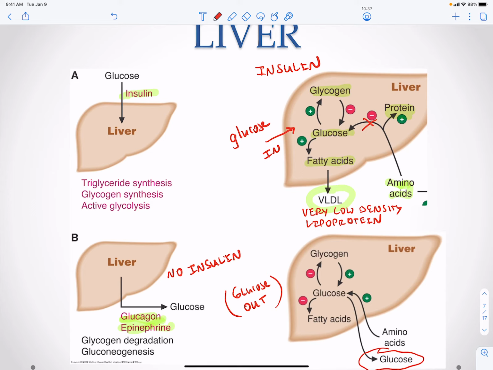Basically, your glucose is going to be made in your liver cells. You're going to tap into your glycogen stores and break them down to glucose, and this is going to go to release of the glucose. Your liver does not use glucose for fuel.